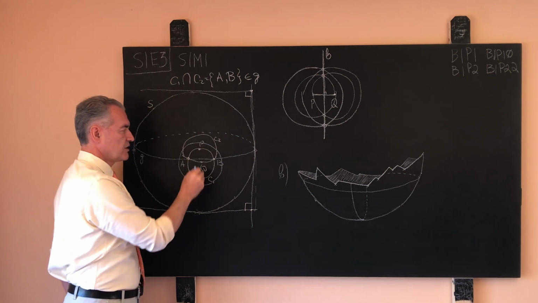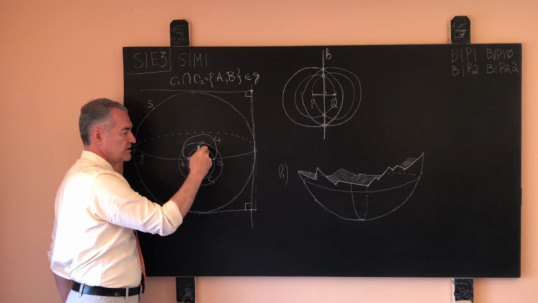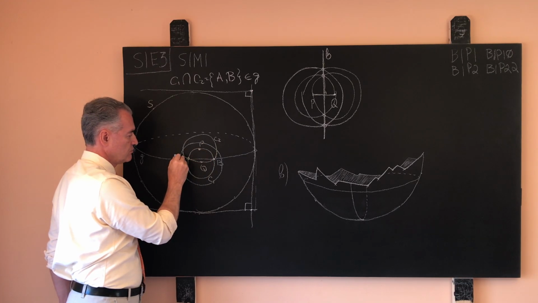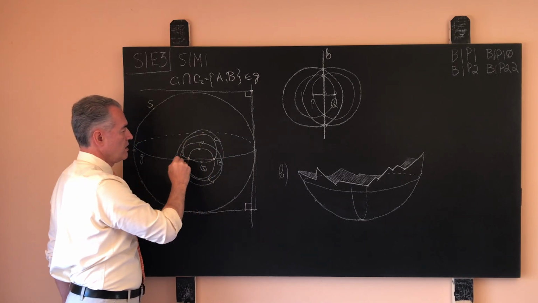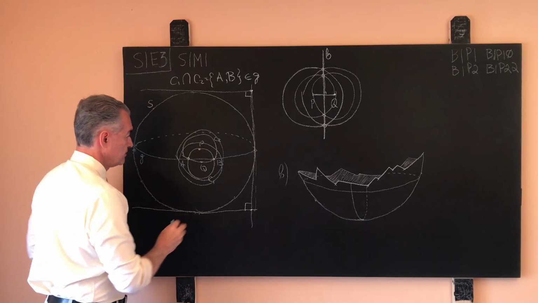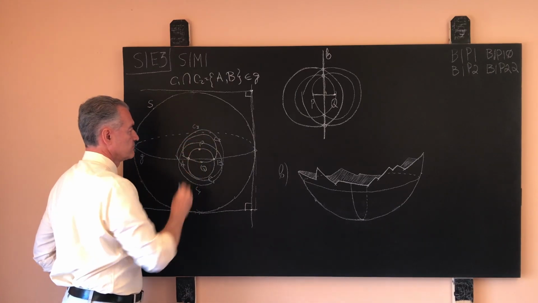And centered at the point P, we draw a circle with exactly the same radius as the previous one, just like so. And the important thing is that, let's name these guys C4 and C3.